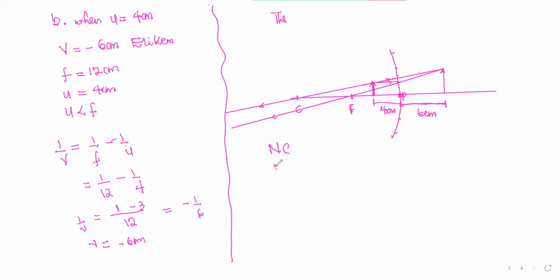NC means New Cartesian Convention. This convention states that, please do not forget, all measurements are taken from the pole.